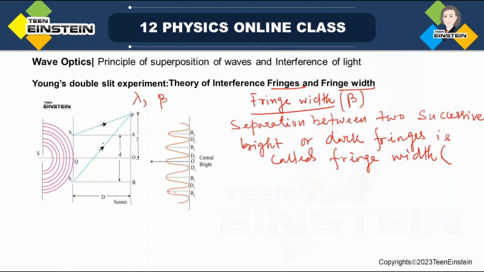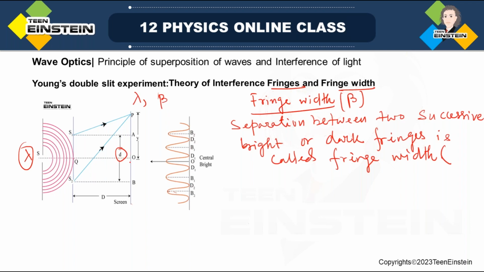This is the schematic diagram with which I am representing Young's double slit experimental setup. Here there are two slits, S1 and S2. These slits are illuminated by a monochromatic light of wavelength lambda, and the slits are separated by a small d distance.